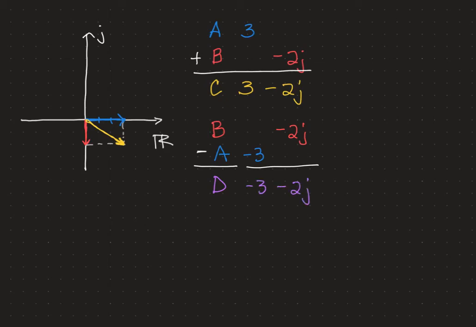So how would we graph that? Our B would still be here, the negative 2j. There's the B. Our A would become negative. So this was our original A. Here's our new A, negative 3.